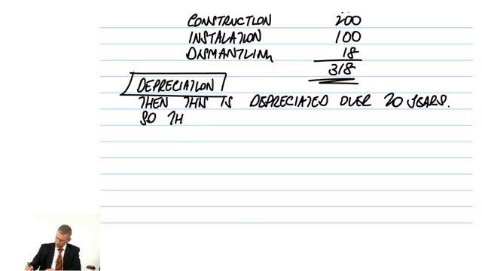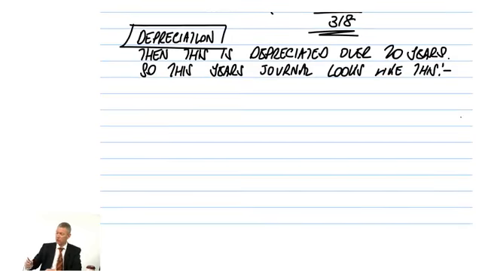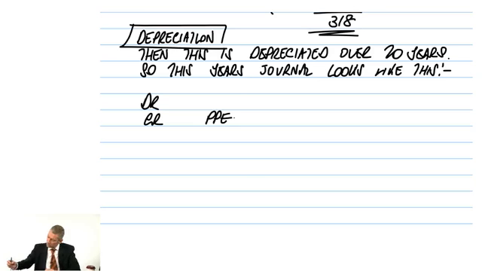So this year's journal looks like this. Debit, credit. I'm going to make the PPE go down by 318 divided by 20 years.